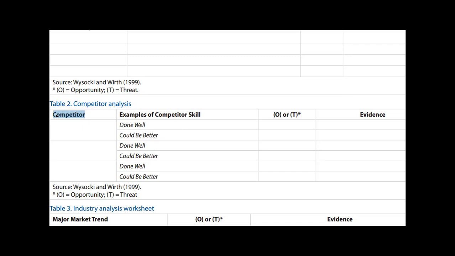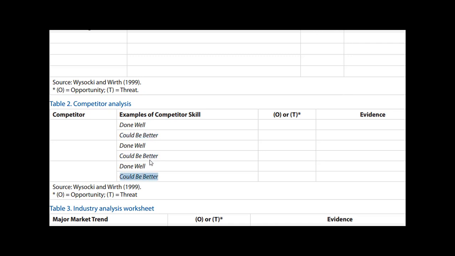So these competitors can be like X, Y, and Z, your three main competitors. And for those competitors, you talk about two things: one, what all of these three are doing well, and two, in which they can do better.